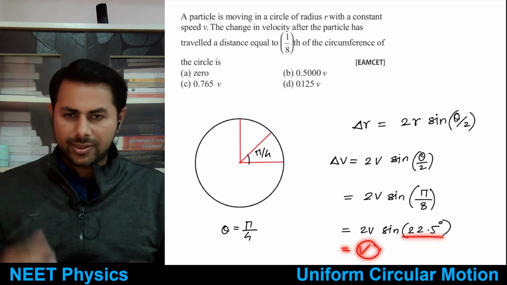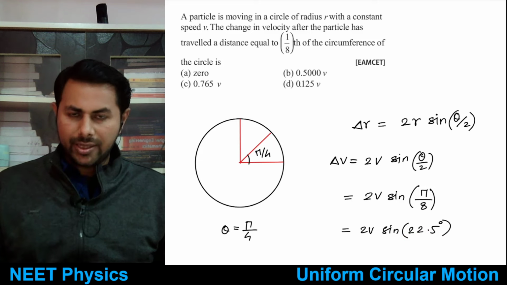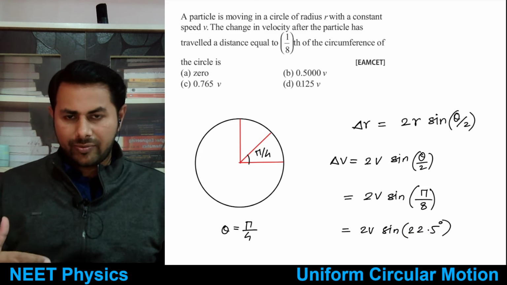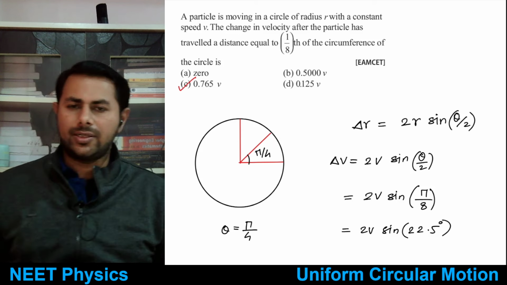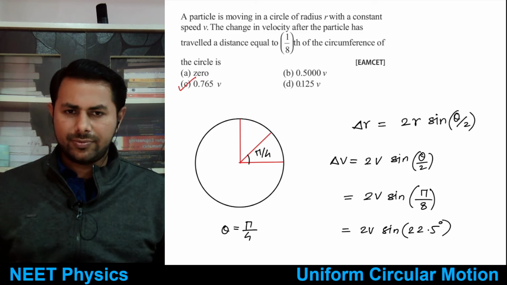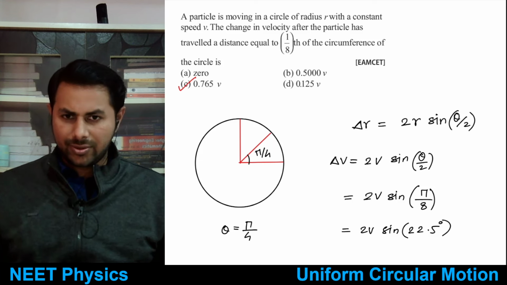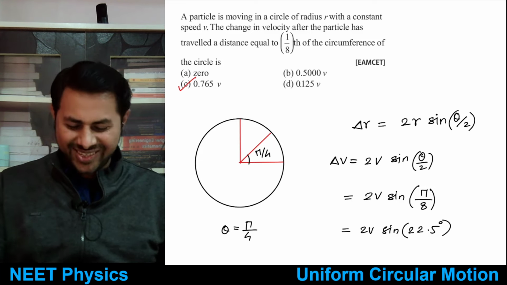But then if it is a little bit less than that, what will be your answer? So your answer should be this thing. This thing is clear? Yes, no? Okay, everyone. Okay, good.